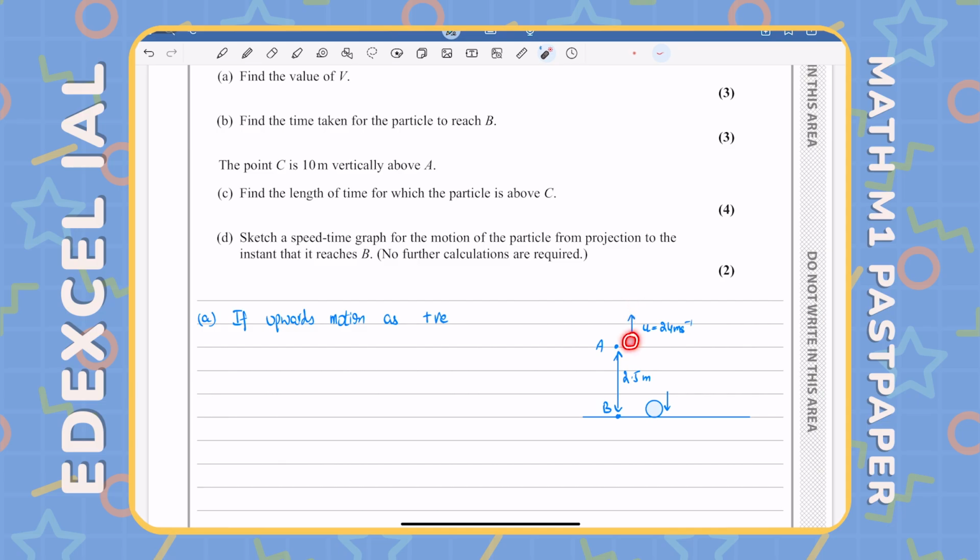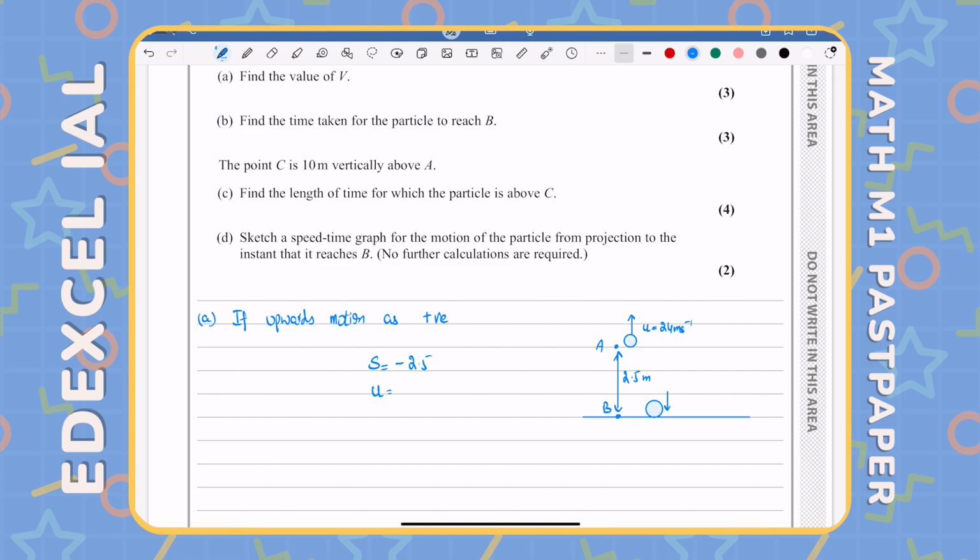If the particle is moving away from the starting point in the upwards direction, the displacement will increase. If it's coming towards the starting point, the displacement will decrease. But if it moves in a direction opposite to the one in which the particle was projected, that means the displacement will be negative. So the displacement from the starting point is now minus 2.5.